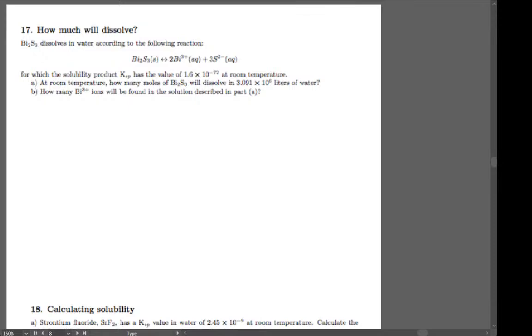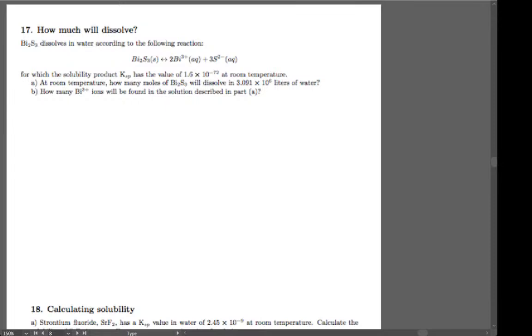17. Bismuth sulfide, Bi2S3, dissolves in water according to the following reaction: Bi2S3 gives 2Bi3+ plus 3S2-, for which the solubility product has the value 1.6 times 10 to the power negative 72 at room temperature.